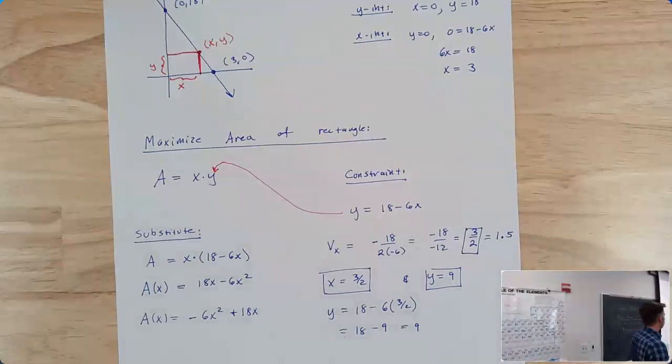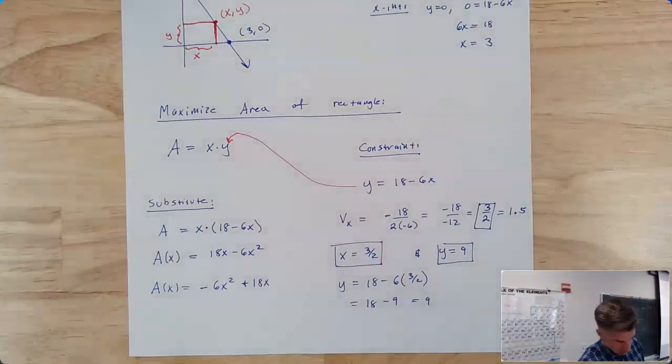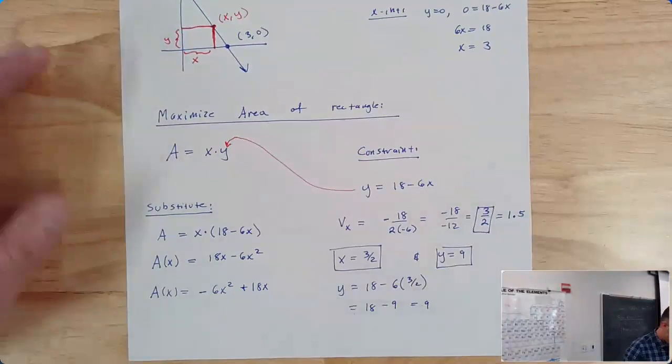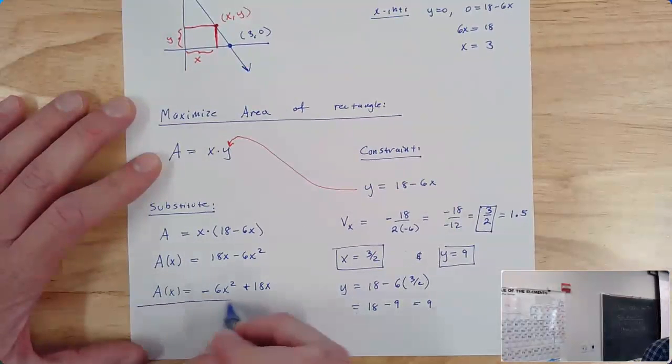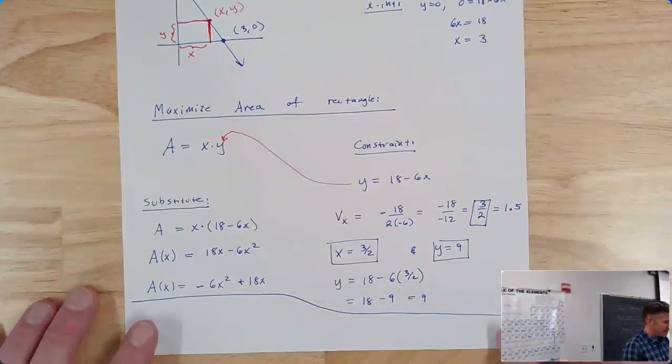What would I be finding if I did find the y coordinate of the vertex? Good question. Let's go ahead and find it over here. This is why I don't want to write it as v sub y.